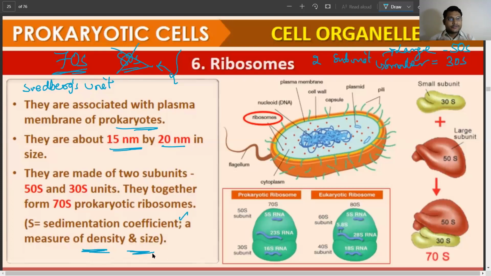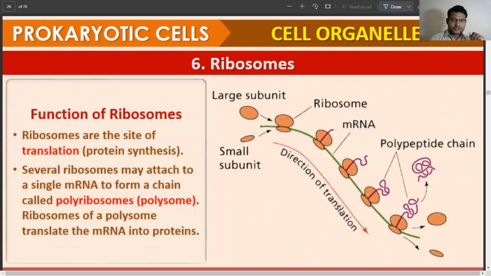But when they are together as a functional unit, they are not 80S but only 70S. Remember that, 70S only. Similarly, in eukaryotes it is 60S and 40S, but together they are not 100S. Instead, it is only 80S. So that's the difference between prokaryotic and eukaryotic ribosomes.